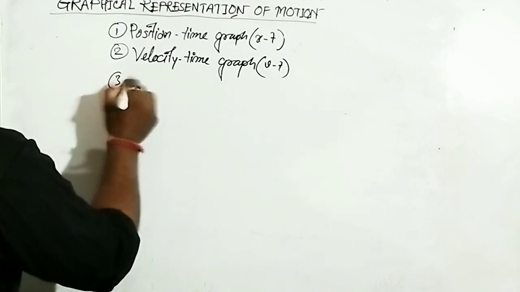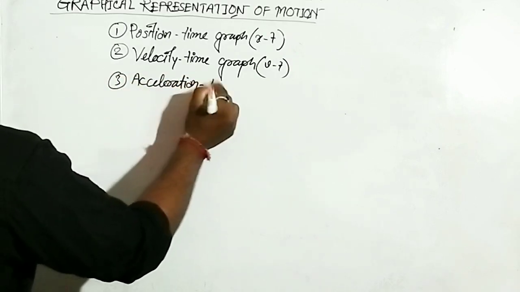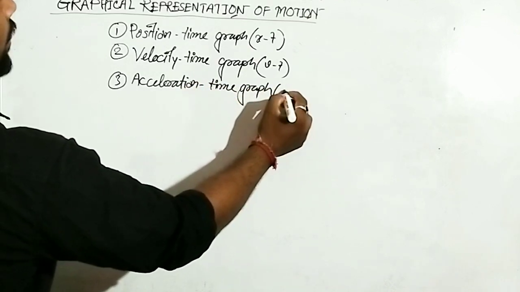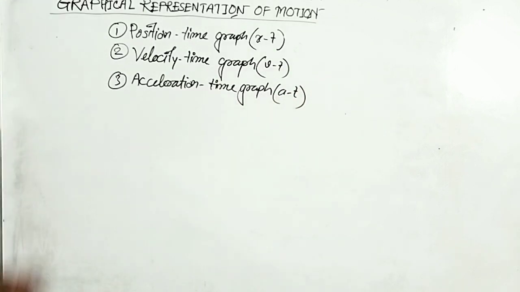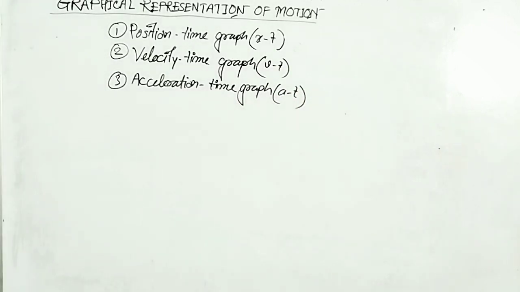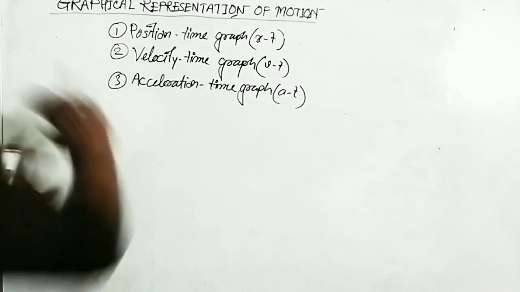The third one is the acceleration time graph. In your NCERT book, this acceleration time graph is not properly mentioned, but we should know how acceleration varies with time. Clear now, students? So depending on the motions, we will cover three types of graphs.